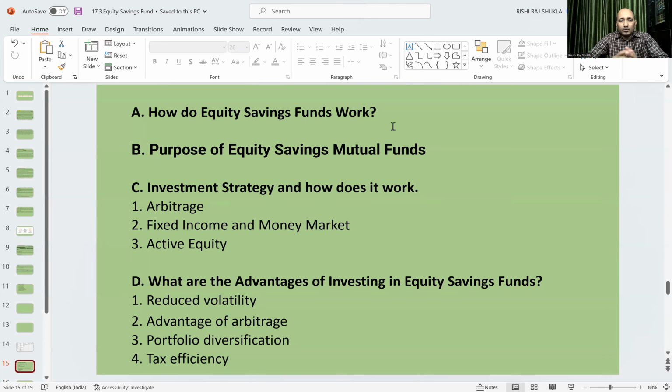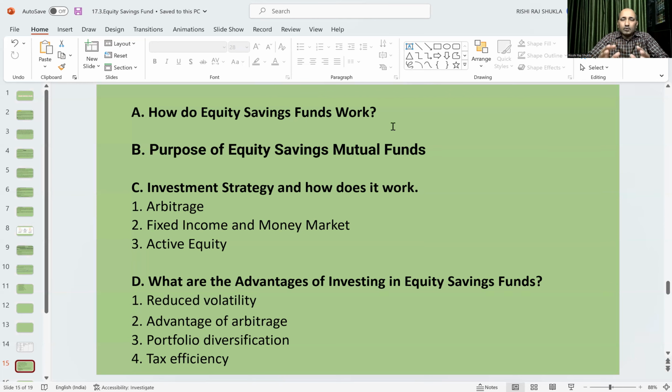Then what are the advantages of investing in equity savings funds? First one is reduced volatility because two-thirds is arbitrage and debt instruments. So this portion gives ample stability and reduced volatility. Even if the equity market is too volatile, arbitrage will take advantage of this volatility and that will also provide some cushion.